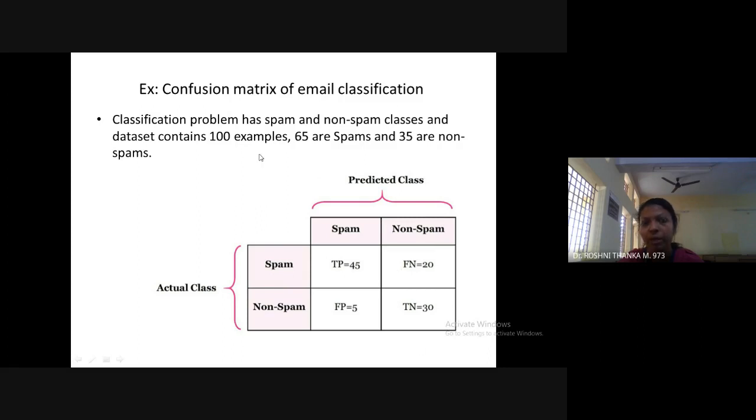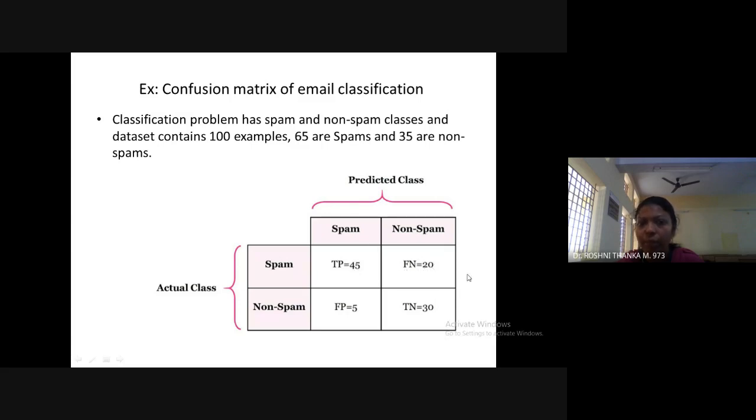So how the model is performing is presented with counts. Here the true positive is 45 and the false negative is 20.